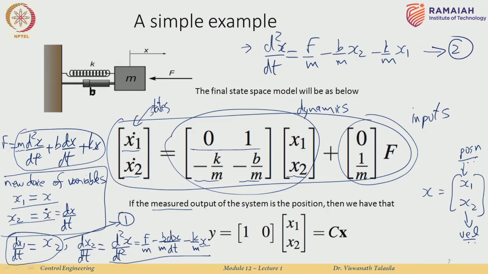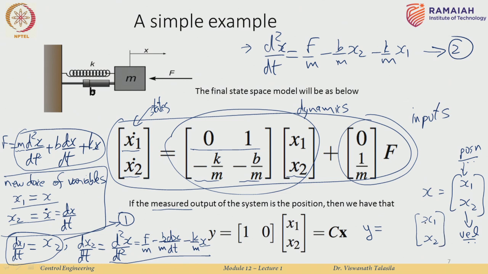Which one you want to measure is entirely up to you, depending on what problem you are looking at. Let us say I want to measure the position. Maybe I have a position sensor in one case. In another case, if you want to measure the velocity, I may have an odometer or one of these things. So if I want to measure the position, I call my measurement y, and remember what is accessible to me is x1 and x2.